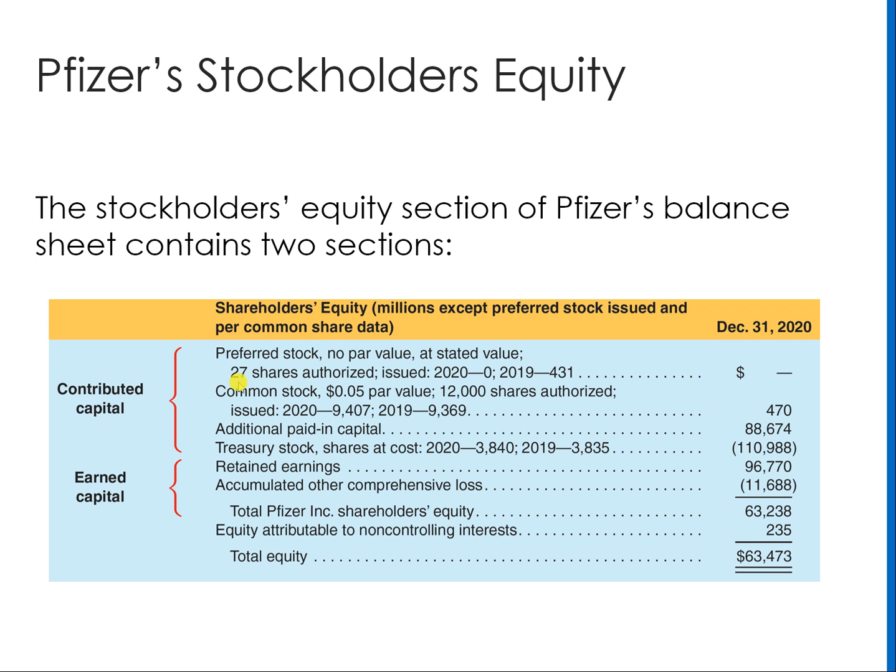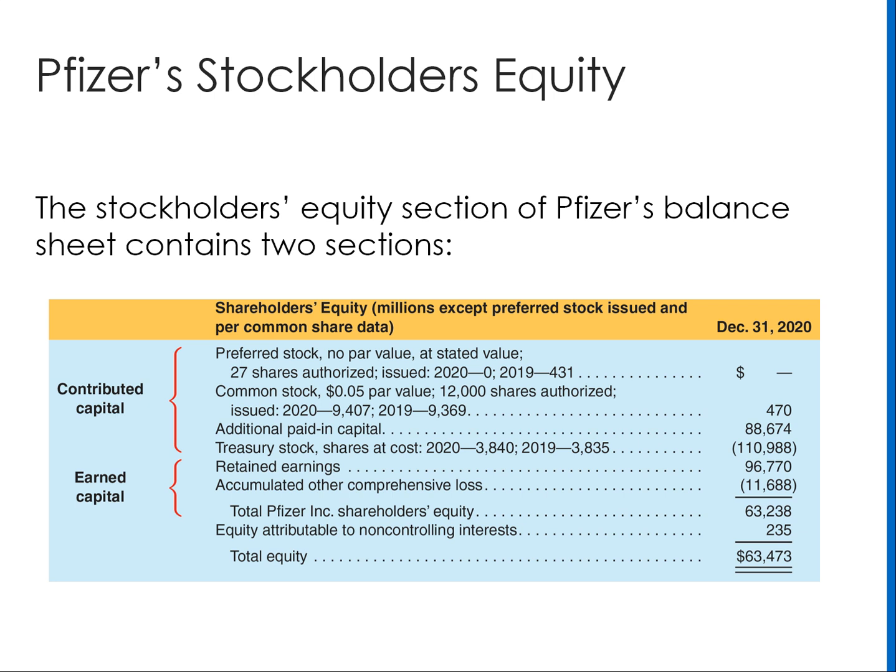So we have preferred stock, common stock, additional paid-in capital, and treasury stock. Treasury stock is repurchased by the company, so it reduces equity. And earned capital includes retained earnings, accumulated other comprehensive losses or gains, and we have the total. That's the basic component of stockholders' equity.